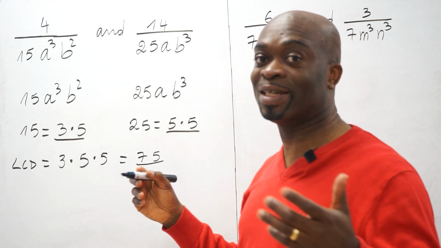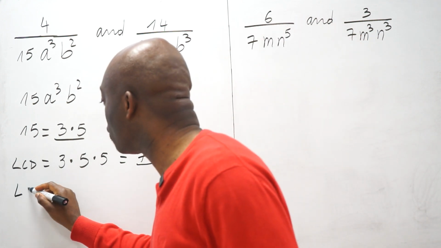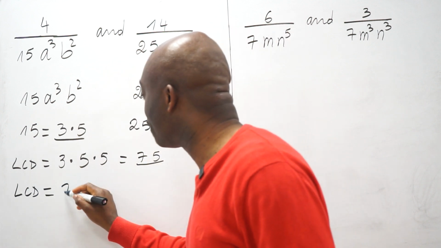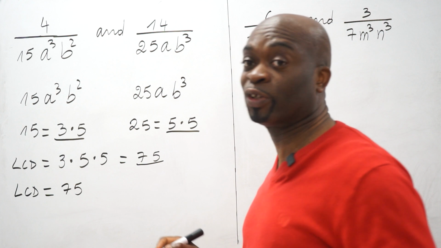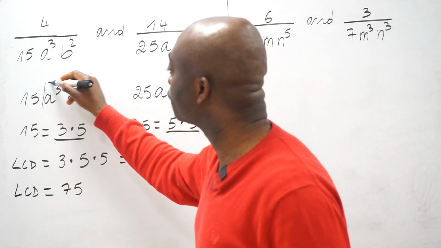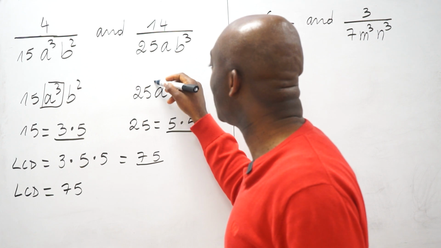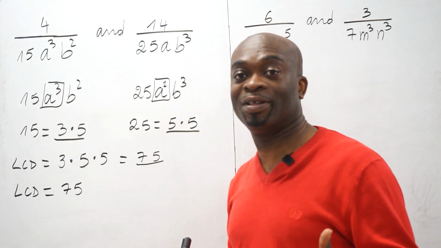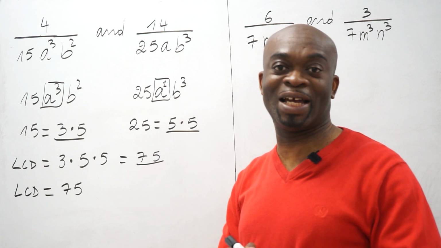Now for the variables it's easier. Our final lowest common denominator is going to be 75 for the numbers. For the variables, we have a^3 and a to the first power. Whichever is higher is the lowest common denominator. Why?